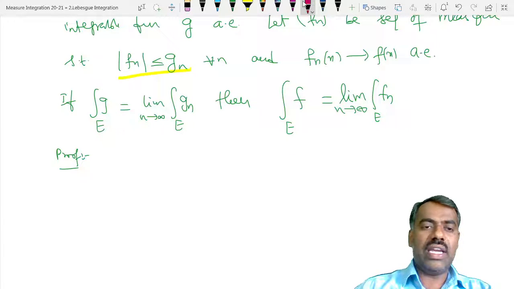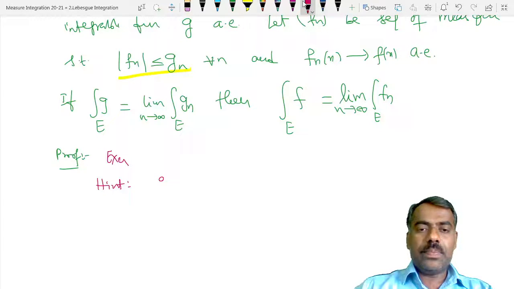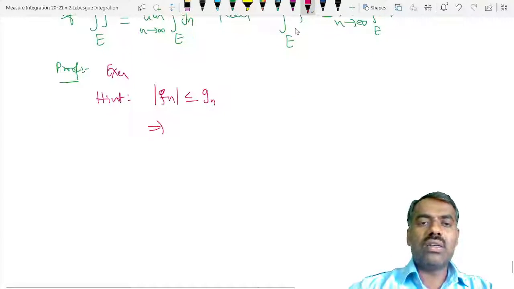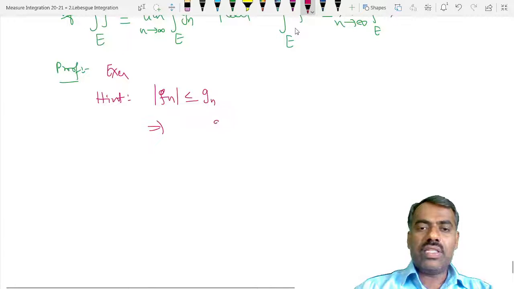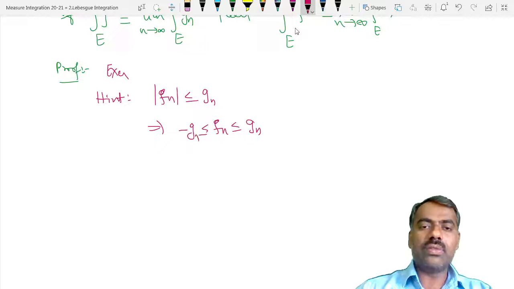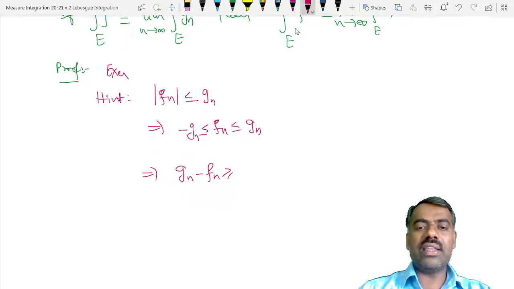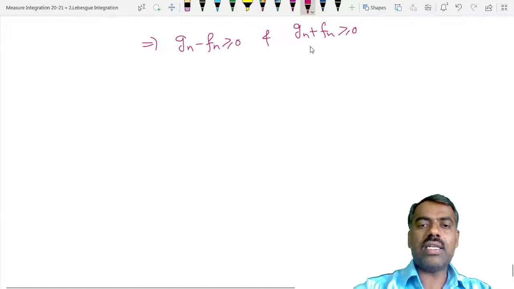I'll give a hint, and you write the rest as an exercise. Your mod fn is less than or equal to gn, which implies fn is less than or equal to gn and also greater than or equal to minus gn. That means gn minus fn is greater than or equal to 0, and gn plus fn is greater than or equal to 0, right?